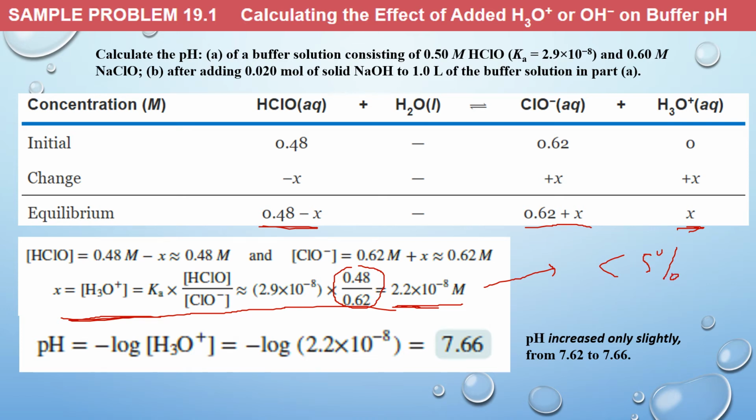Then you can convert this proton concentration into pH. So now, after adding 0.02 molar of hydroxide, the pH only increased from 7.62 to 7.66.